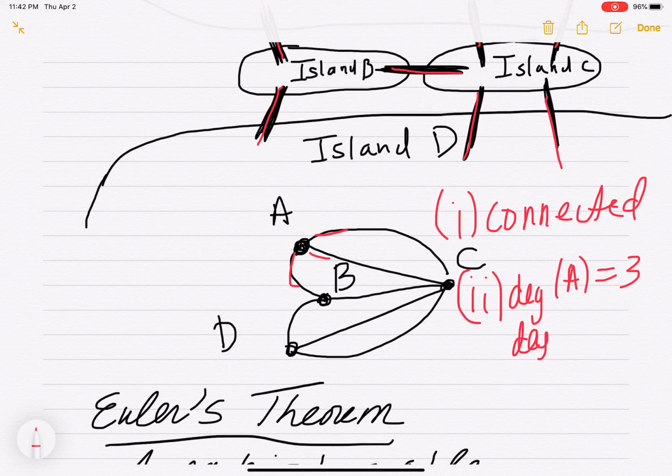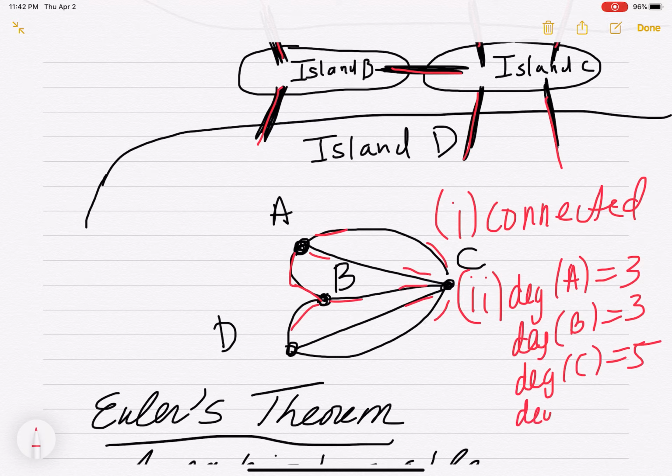What's the degree of B? 1, 2, 3. What's the degree of C? 1, 2, 3, 4, 5. What's the degree of D? 1, 2, 3. So if you look at the odd degree vertices, there are too many, right? We got 1, 2, 3, 4 of odd degree.